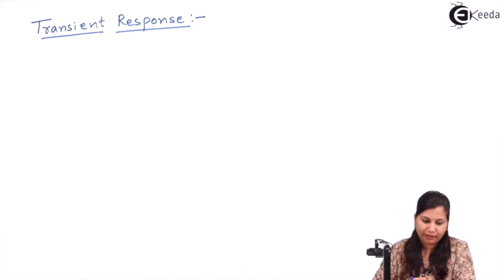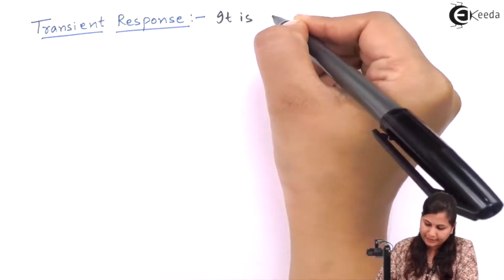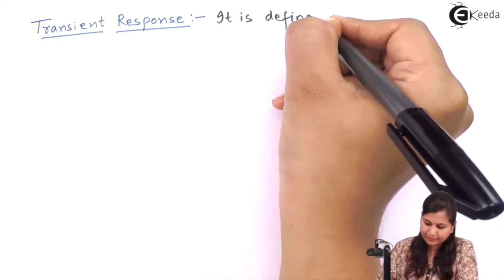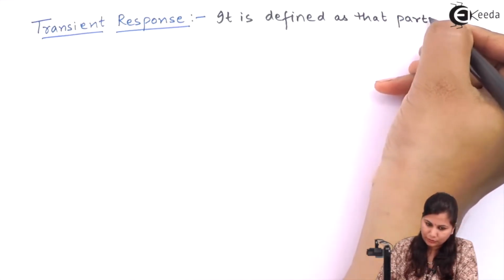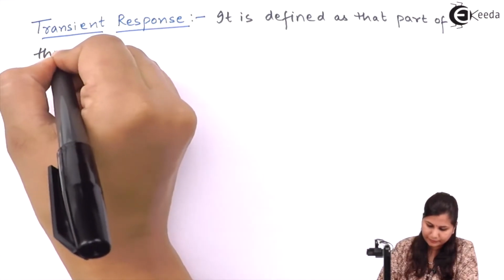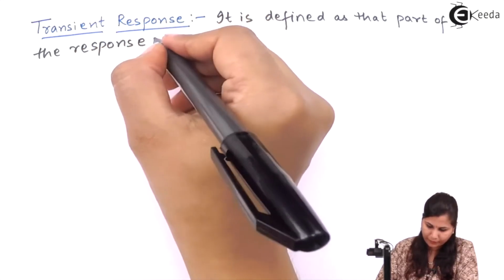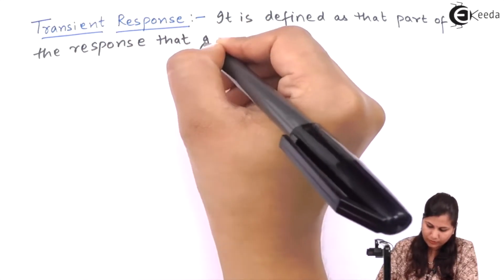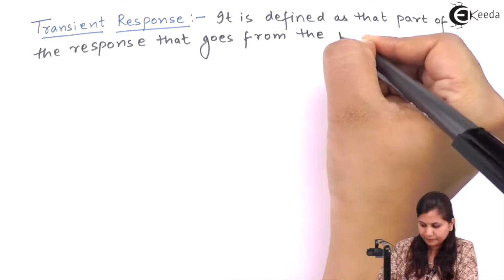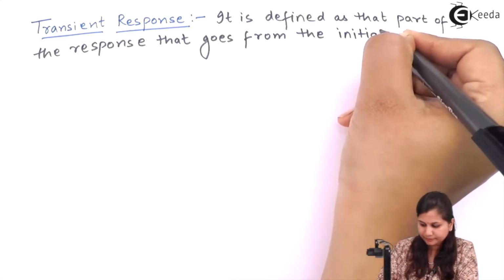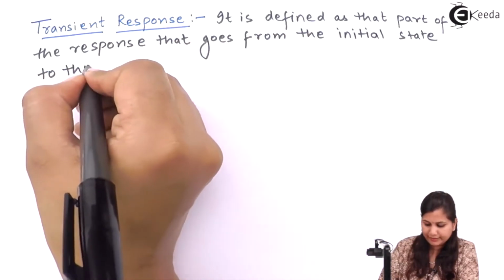So we can define the transient response as that part of the response that goes from the initial state to the final state.